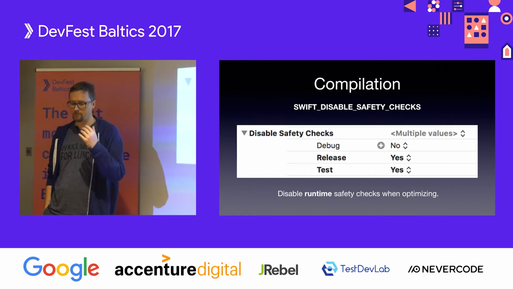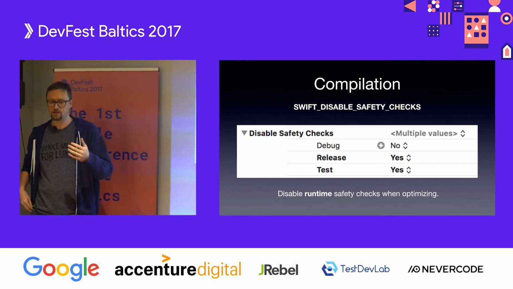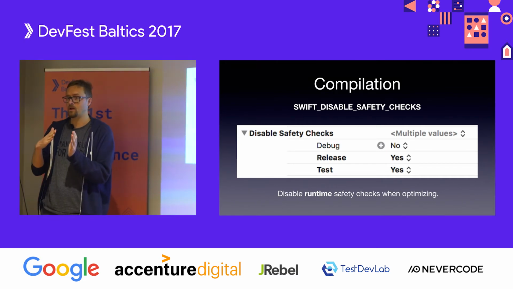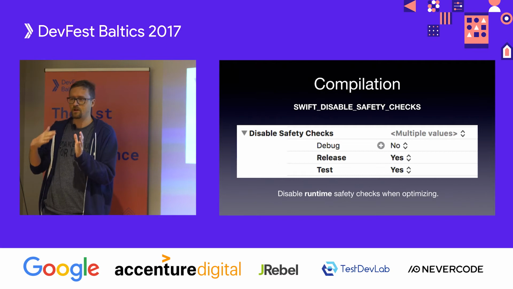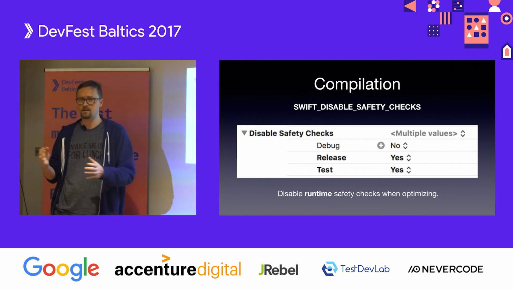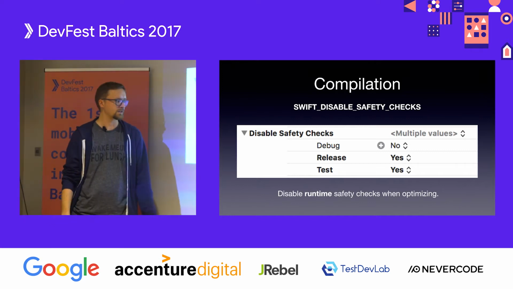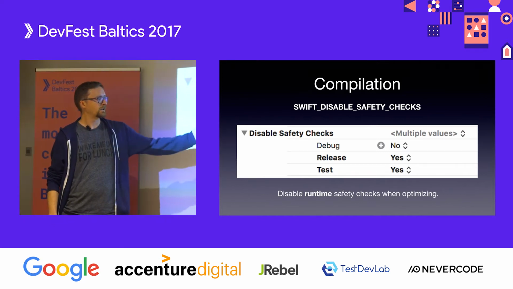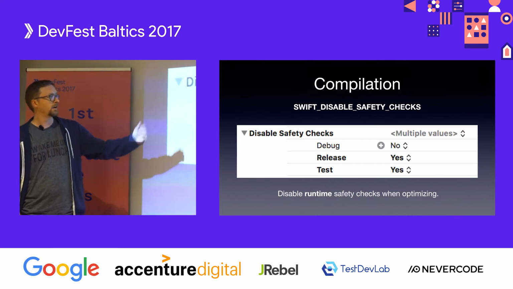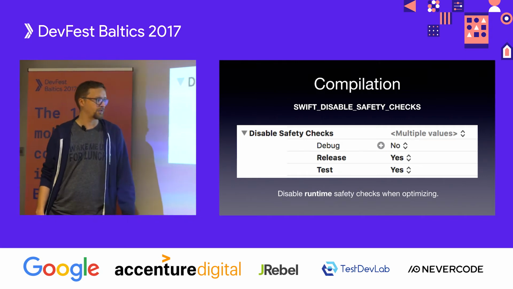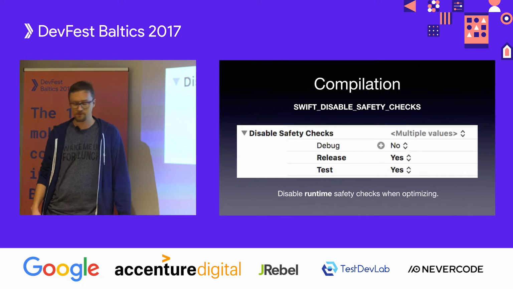That will result in faster code because there's just less code to execute. Some checks, like overflow, are just not executed. Just assume it works. This is my setup. I have checks for debug and disable them for release.